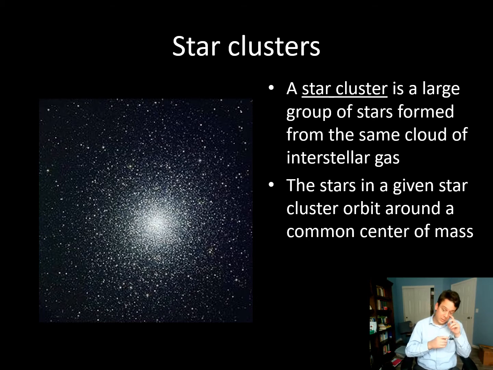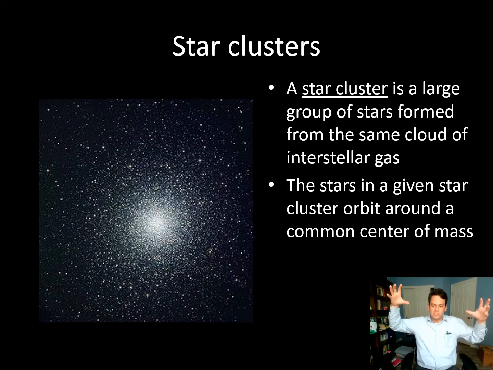And so in the simplest way that we imagine this, you can imagine just a single star forming out of a cloud of gas. But it turns out that in practice, many stars are formed out of the same cloud of interstellar gas. It doesn't collapse perfectly symmetrically. There are parts that are a little denser than others, and so you form stars in kind of random locations throughout the gas cloud.